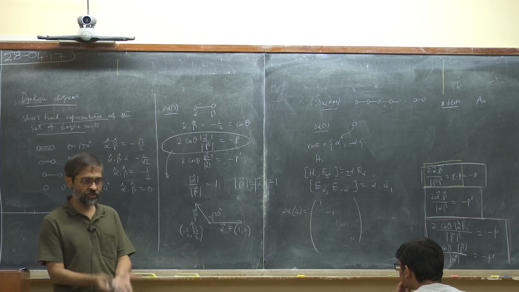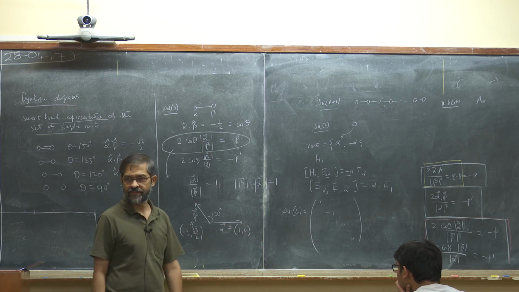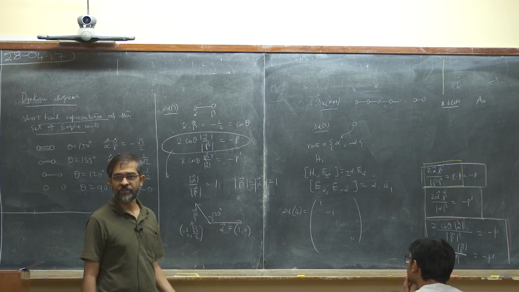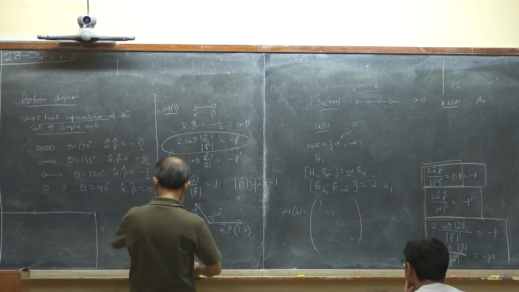Of course, the more conventional thing is that you can take alpha and beta to be at 60 degrees with the x-axis. That is Gell-Mann's convention. That need not be my convention.